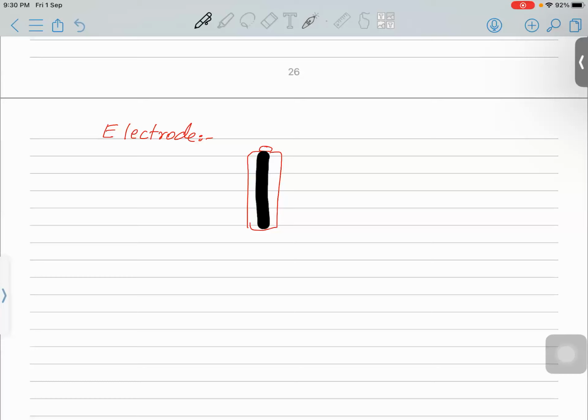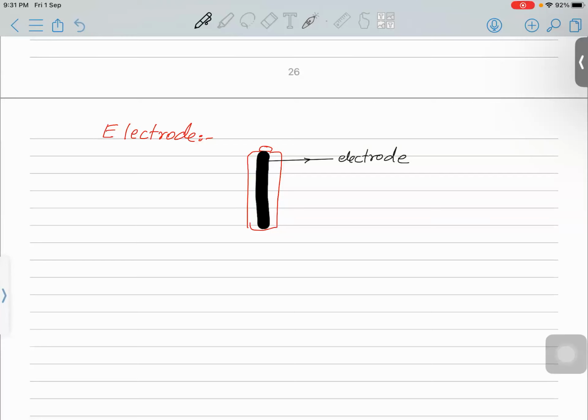So inside the cell we have this electrode. This is called an electrode. Sir, so we can say that graphite is used as an electrode because it conducts electricity. Yes, exactly.